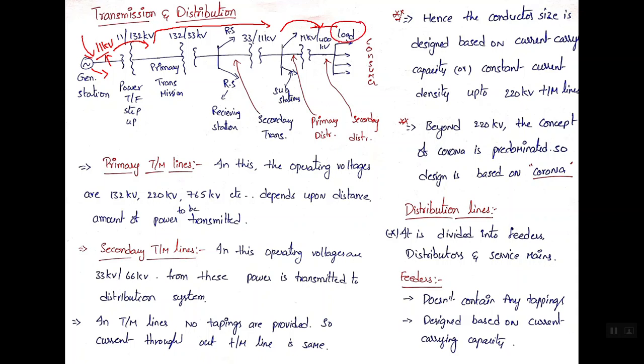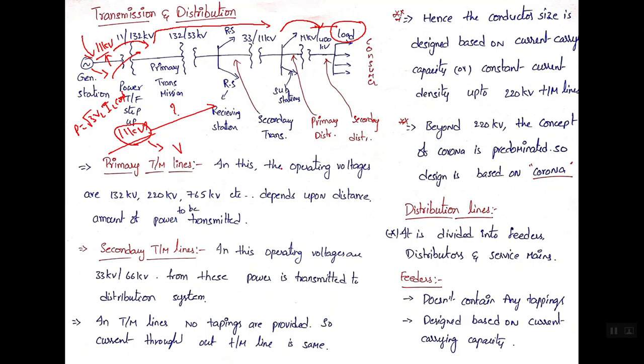Why do we need to step up and then step down? Can we transmit with 11 kilovolts? For example, if we transmit with low voltage, that is the generating voltage, we know that power is equal to root 3 VL IL cos phi.